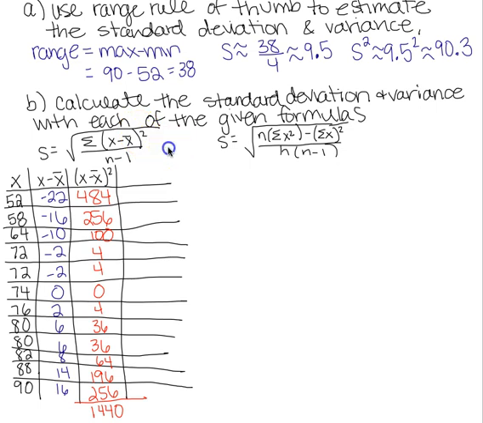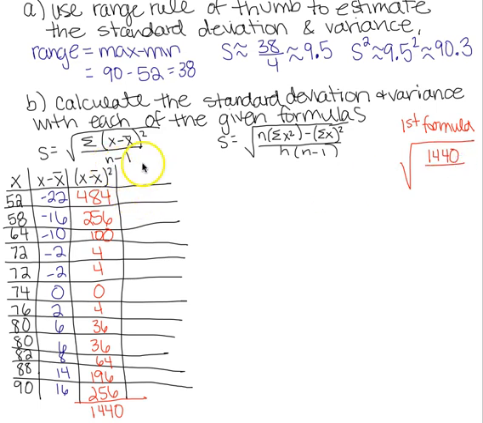So then, and I'm just going to draw it out to the side, from the first formula, we now have the sum, which is 1440. That's the numerator, divided by n minus 1, n is the number of data pieces.